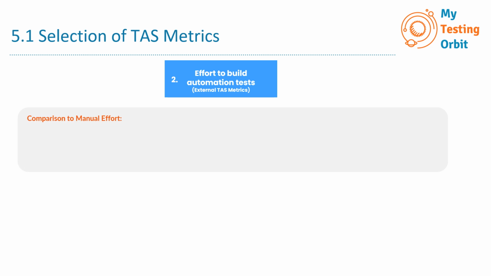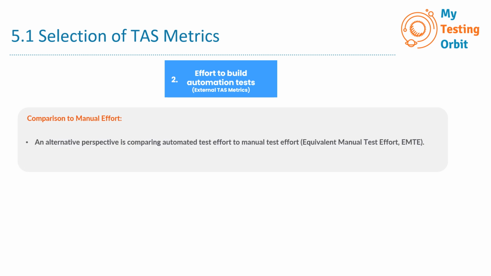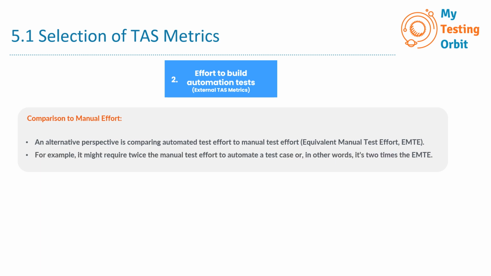Comparison to manual effort. An alternative perspective is comparing automated test effort to manual test effort, the equivalent manual test effort, EMTE. For example, it might require twice the manual test effort to automate a test case, or in other words, it's 2 times the EMTE.